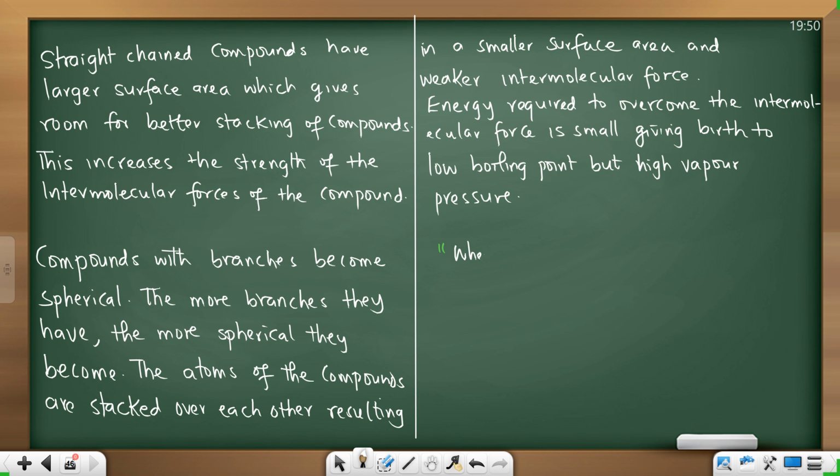When they are branched, just want to add this little light. When they are branched, okay, when they are branched, the intermolecular force, please don't write IMF, write intermolecular force. It becomes shorter, right?